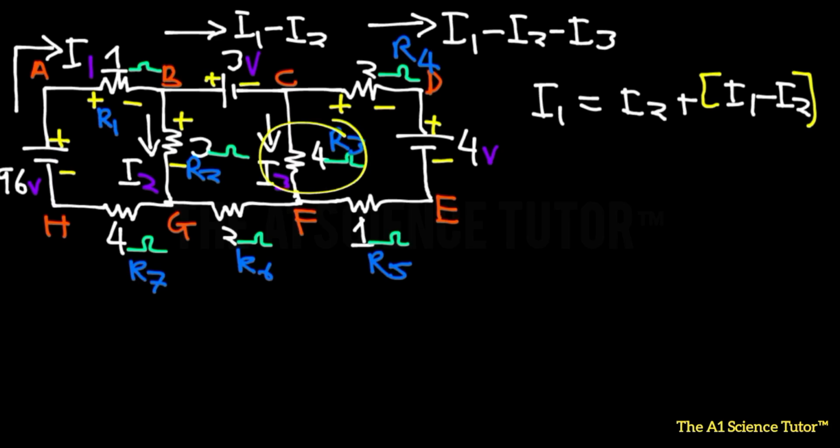Now let us talk about this resistor. We know that I3 goes downwards. So this should be positive, this should be negative. Now over here, we know the current moves in this direction. So that would cause this to carry a positive charge, and that would be a negative as it goes toward this side, because the higher potential pushes it.